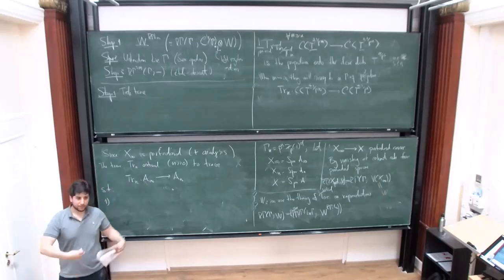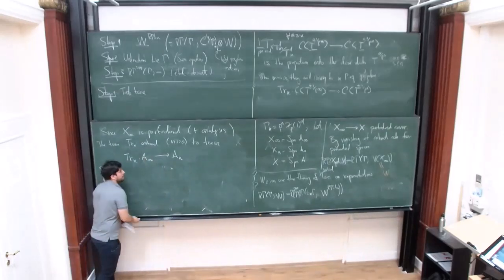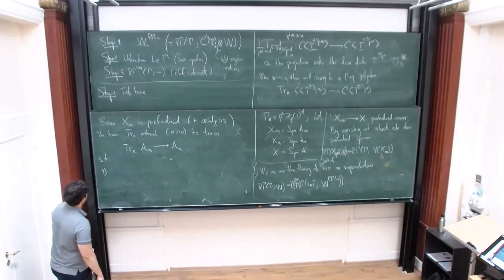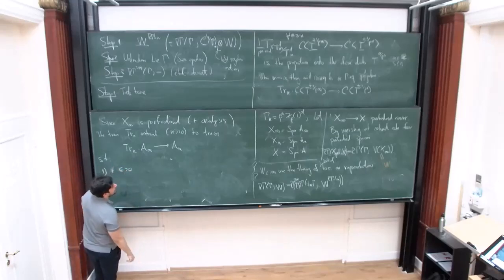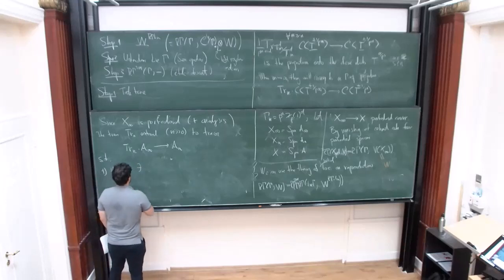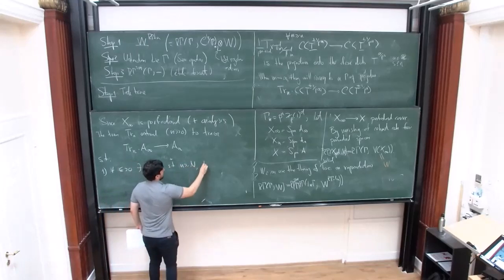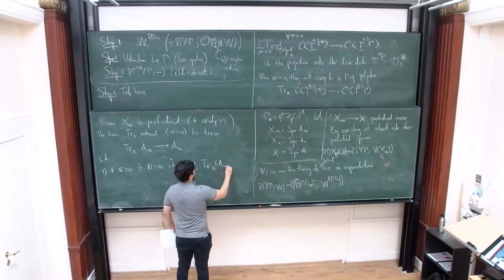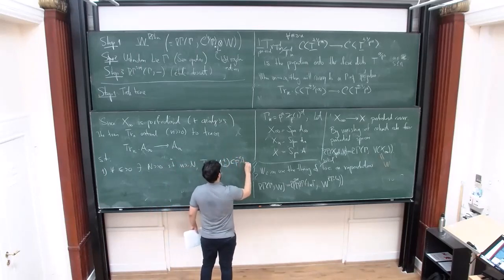So the first one is that one can actually control the norm of this trace map. For epsilon greater than 0, there exists an n large enough such that for n bigger than this one, the trace of A-infinity is inside p to the minus epsilon.